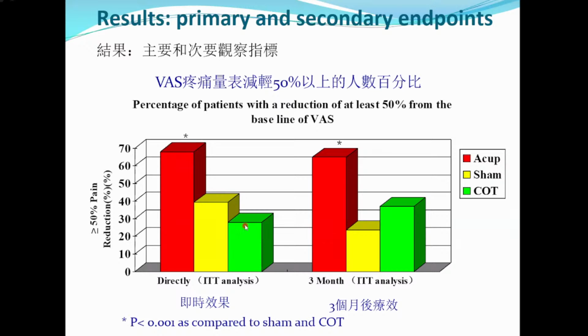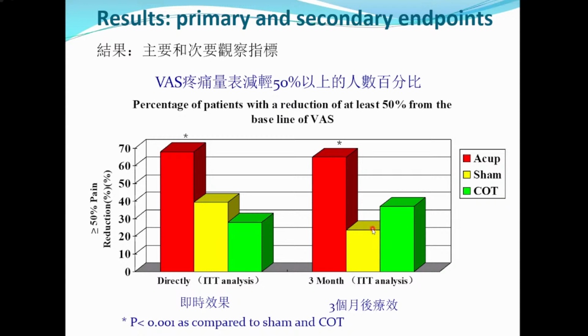But interestingly, three months after the finish of treatment, they asked patients the same question again. In the acupuncture group, almost 65% of patients still had 50% pain reduction. But sham acupuncture was worse.